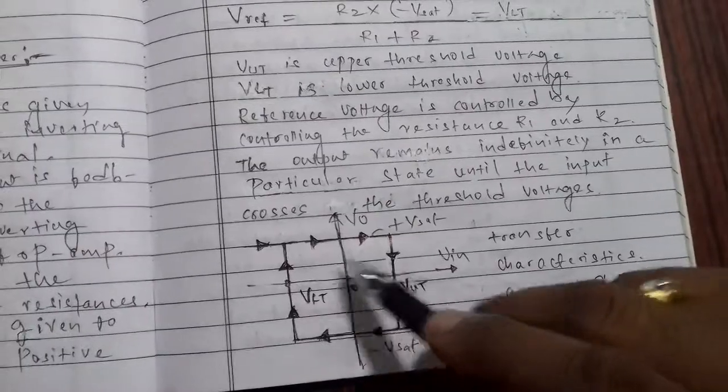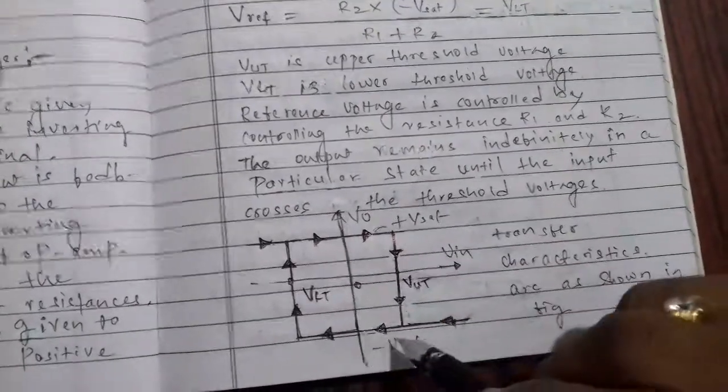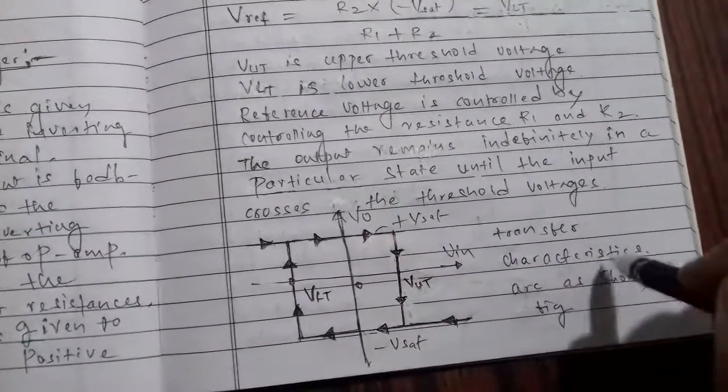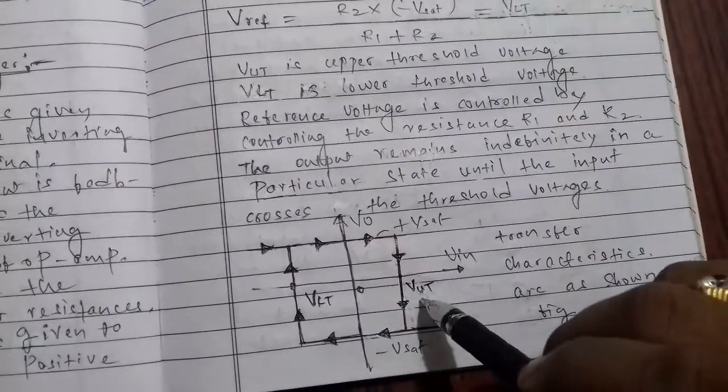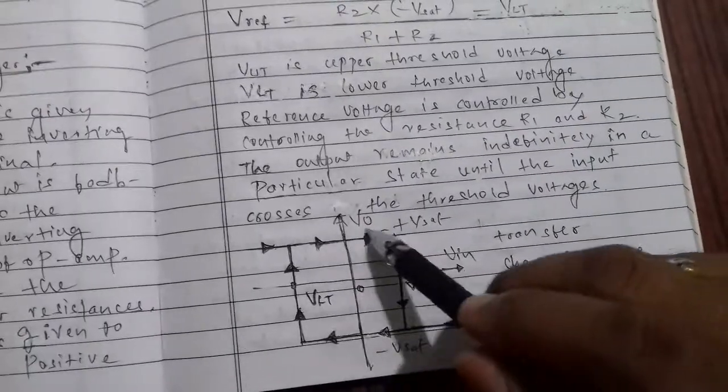Transfer characteristics: plus V saturation, minus V saturation. Transfer characteristics are as shown in the figure. Lower threshold voltage, and here it is the upper threshold voltage.